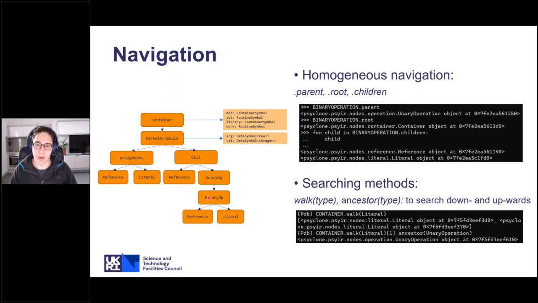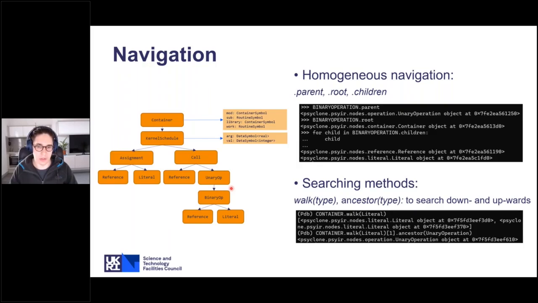And basically there are three operations. The parent navigates one node upwards in the tree. In this case, it returns, you can see here, the unary operation. The root goes to the root of the tree, and the children returns a list of each of the children available for that specific node. So again, for this binary operation case, it returns the reference and the literal, which are the children.